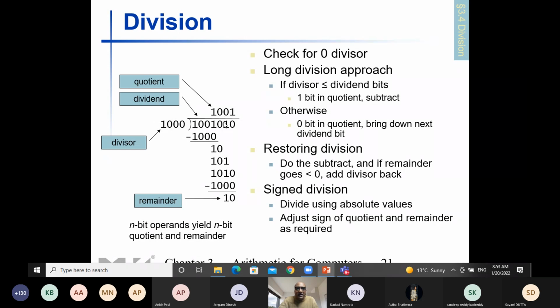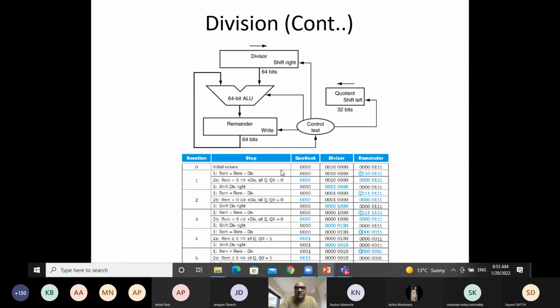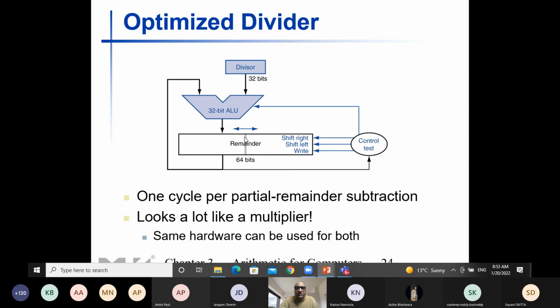Shift the remainder, meaning we are placing the dividend in the remainder register, so that's why we say that. So it can be shifted in the opposite direction. That can be done, right? For the optimization case, we are doing that. So you place the dividend first in the remainder register.